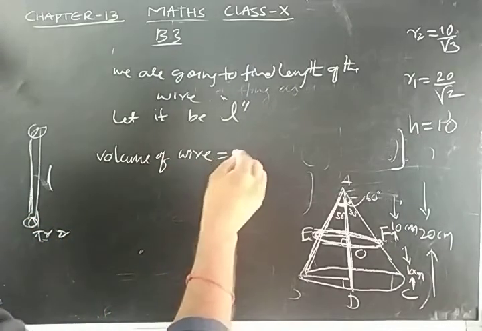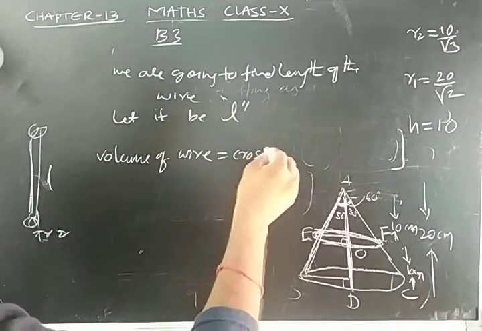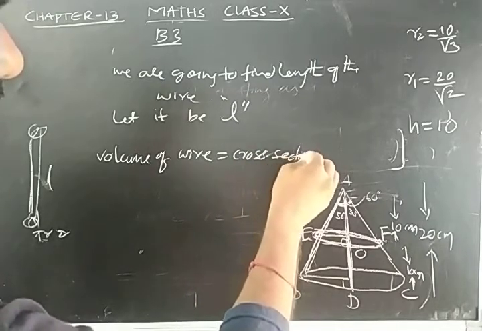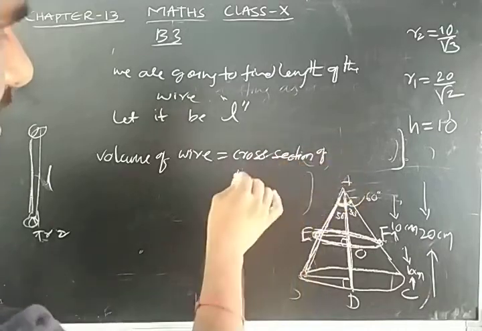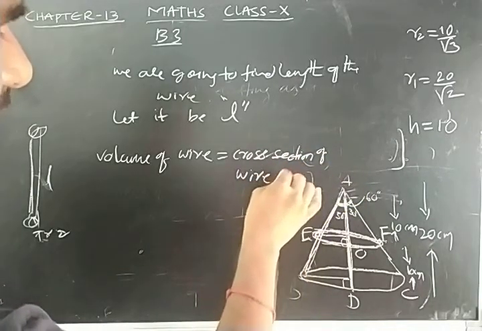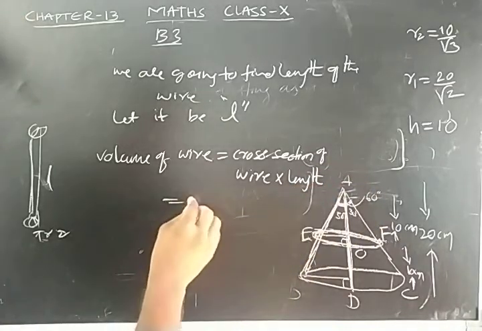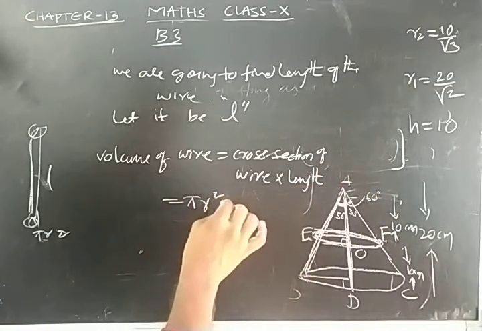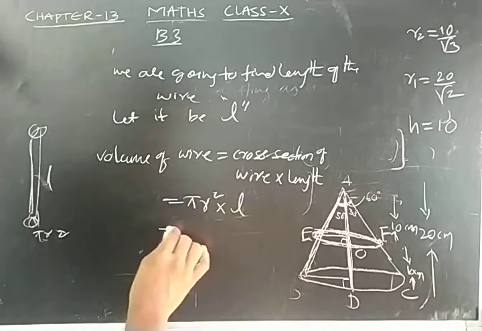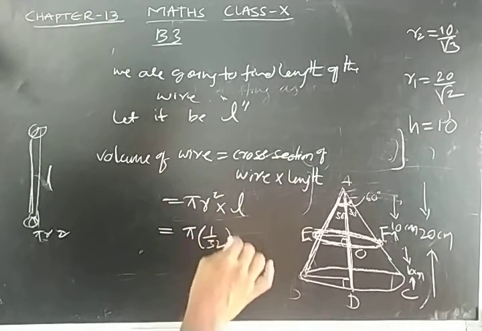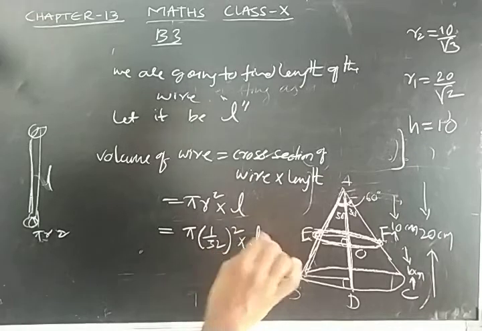So volume of wire equals cross section of wire into length. Cross section is pi r square into L, and r is already 1/32, so pi into (1/32) whole square into L.